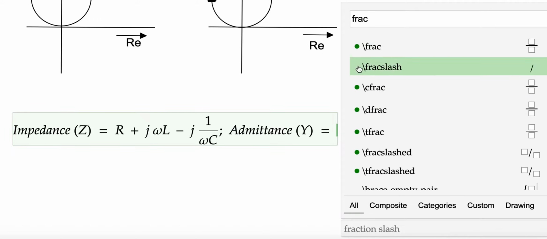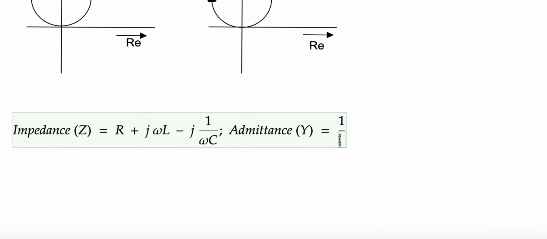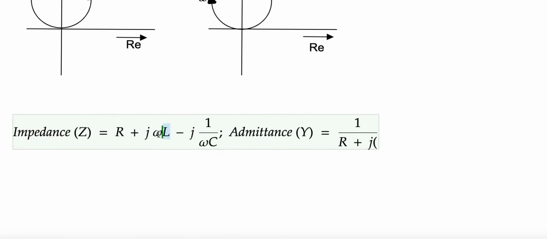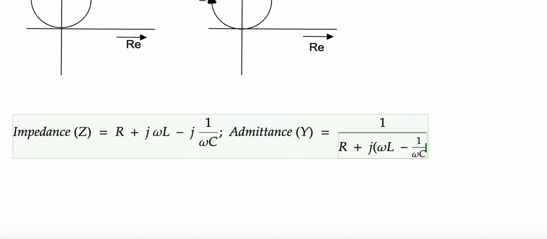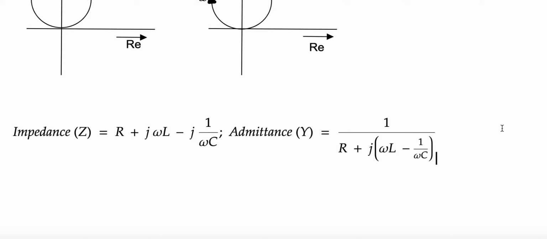Let me write it: 1 upon R plus j, taking common, omega L minus 1 by omega C. So this is the admittance.